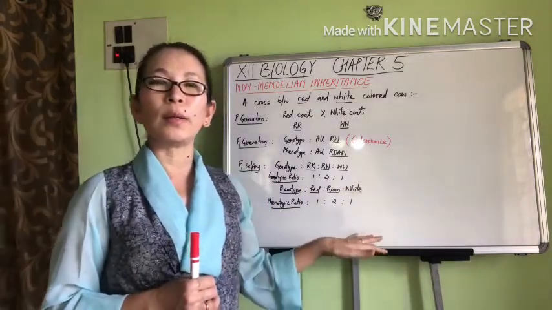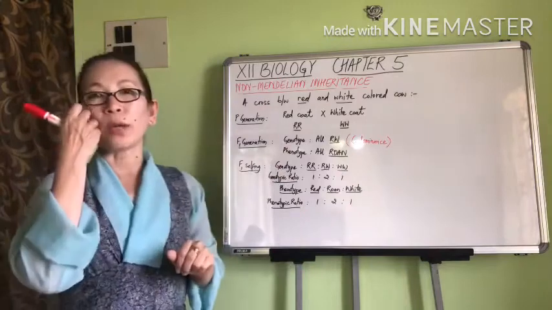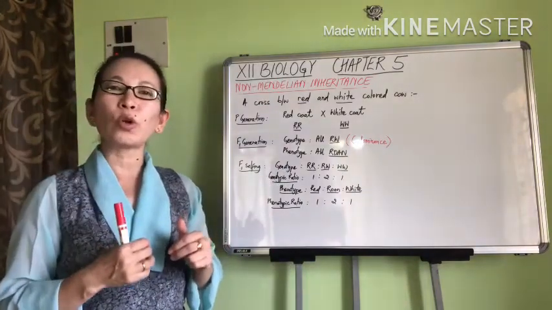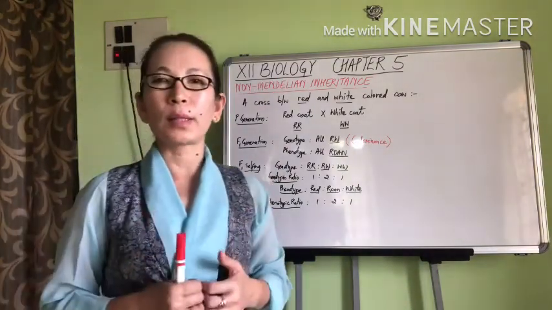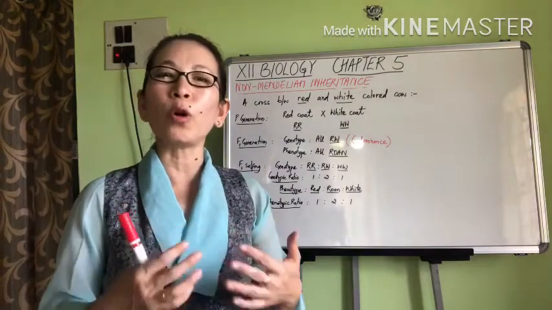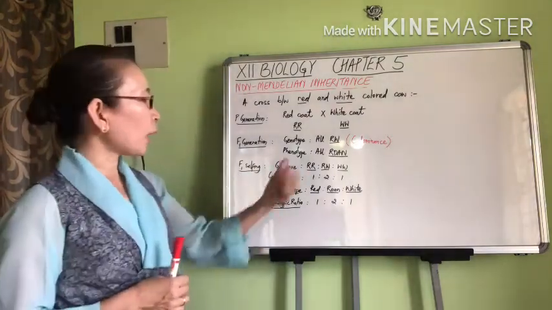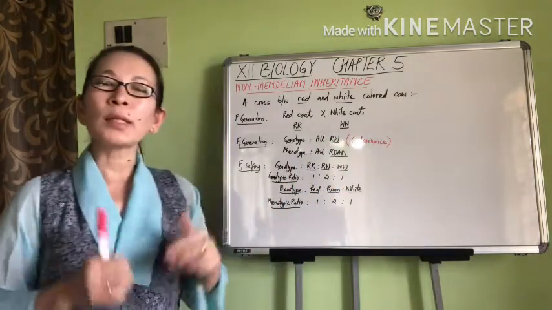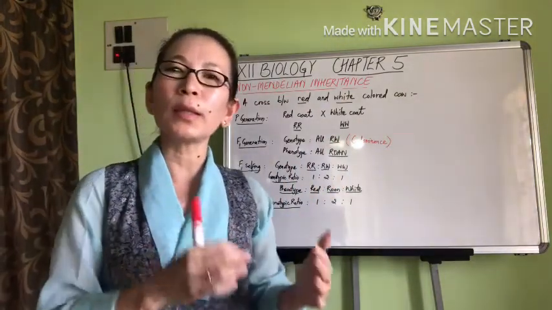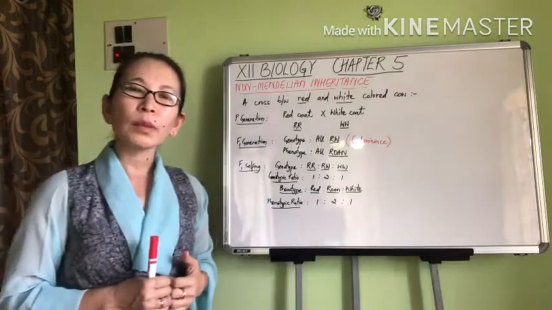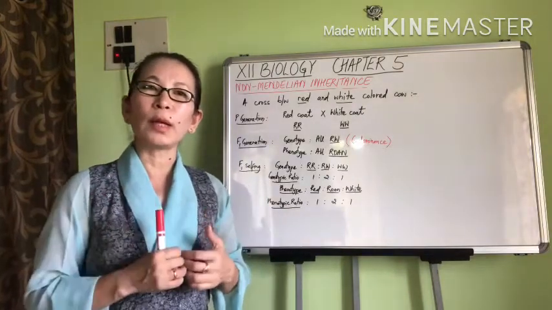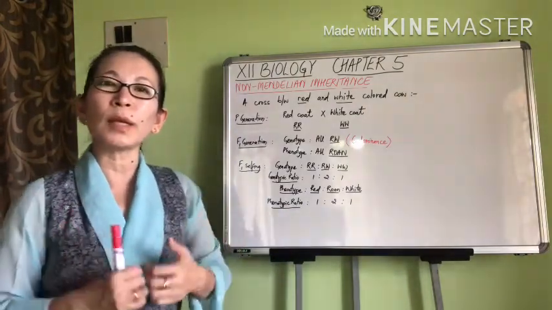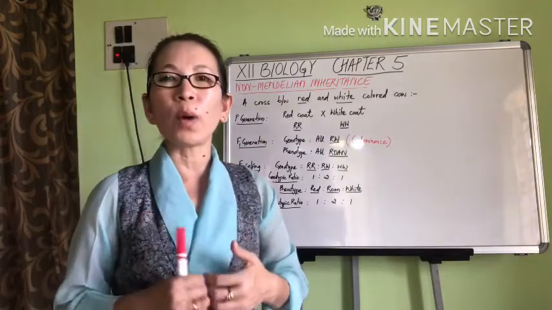But the difference here is that in the heterozygotes, we can see the complete expression of both of the alleles. That is to say, you can see in the roan white as well as red patches. So white is able to make its expression in the presence of the red allele. In the same way, red is able to make its expression in the presence of the white allele.